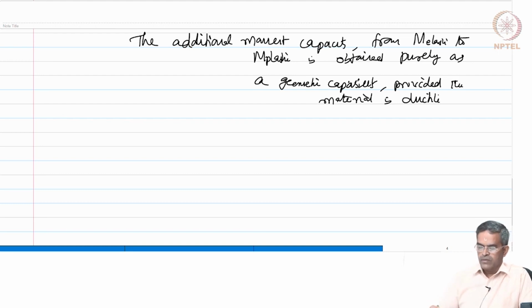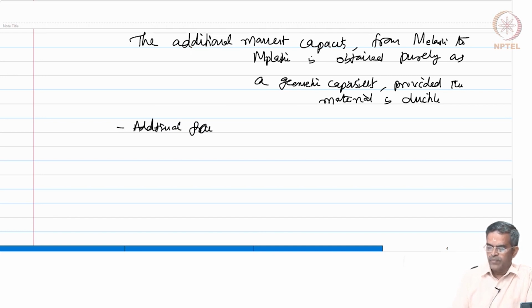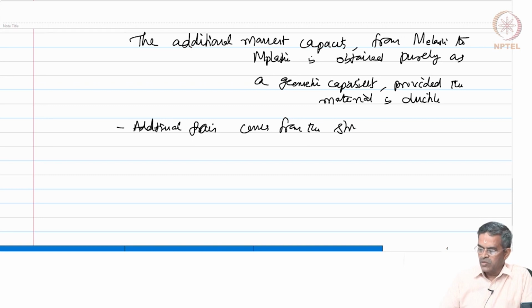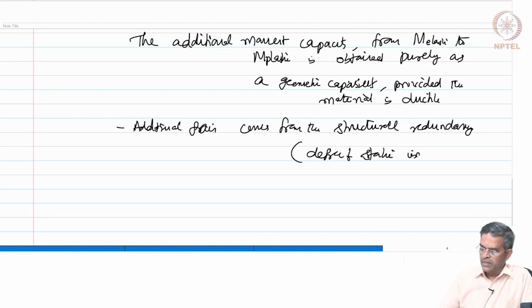So, the additional gain comes from the structural redundancy, which is degree of static indeterminacy is one part of it, form dominance is other part of it.